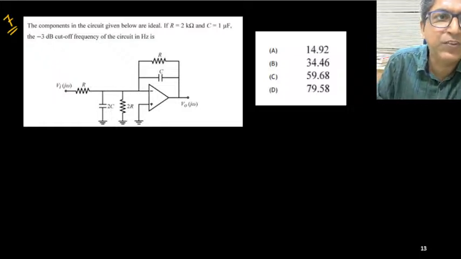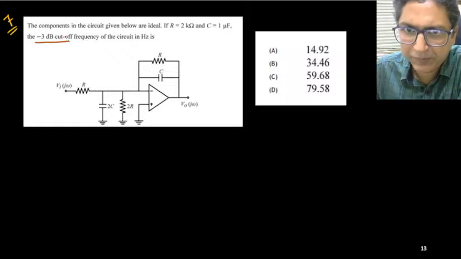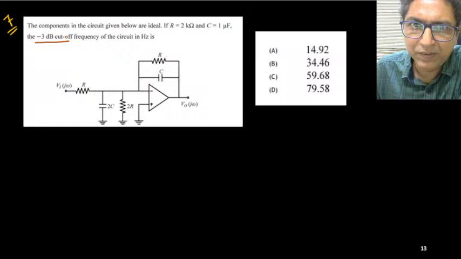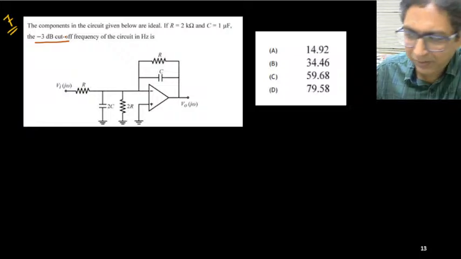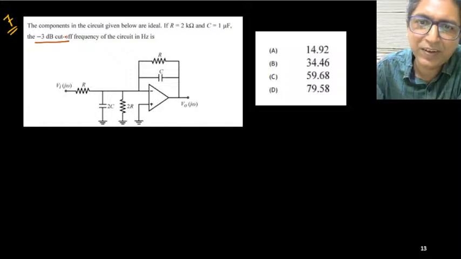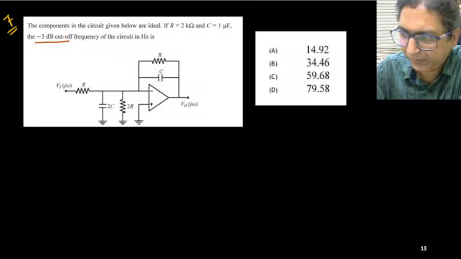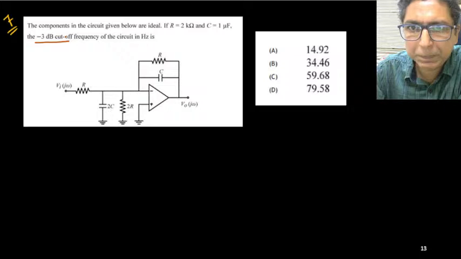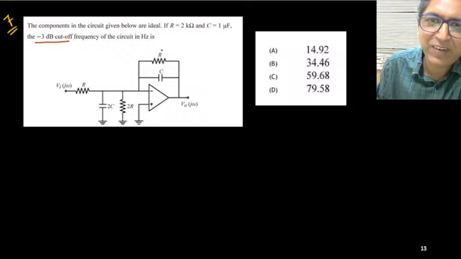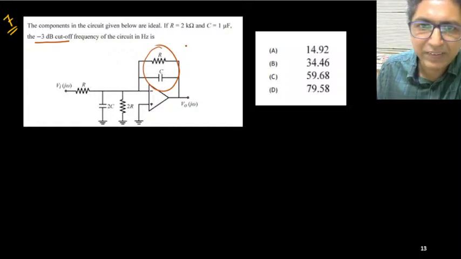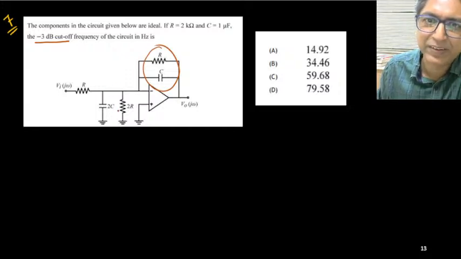Here also the 3 dB cutoff frequency is asked. There is no mention of whether it is low pass, high pass or band pass, but can you tell me what kind of filter it is? With this kind of block in the feedback path, generally it is low pass filtering if this side is only resistances. But this side we have certain other elements.